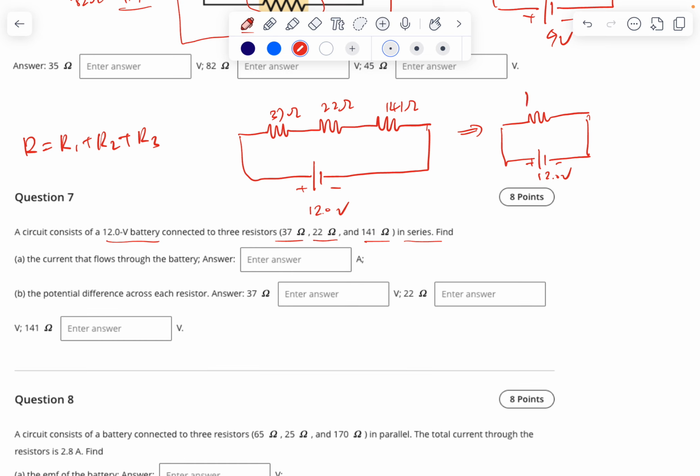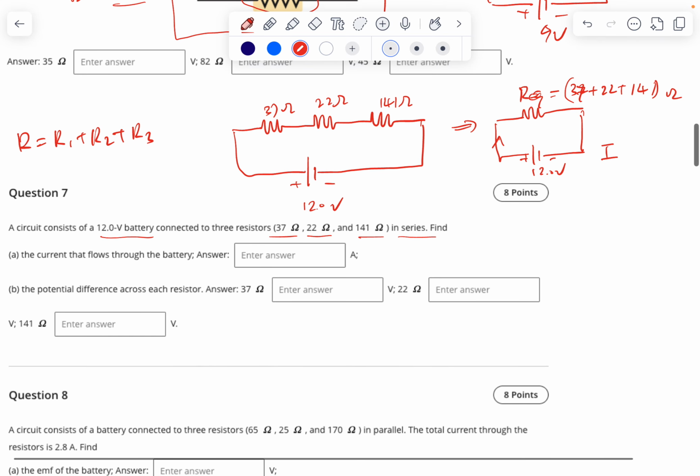So the equivalent resistance equals 37 plus 22 plus 141 ohm. Once you get here, you can figure out the current. This is a very simple circuit. Current equals voltage from the battery, epsilon, divided by equivalent resistance. So figure out the current, okay?